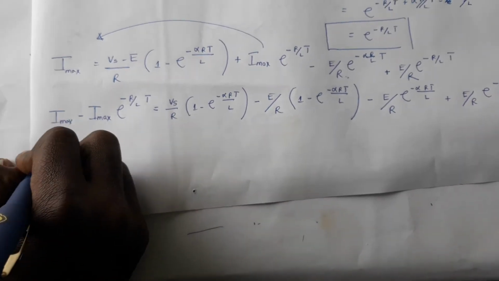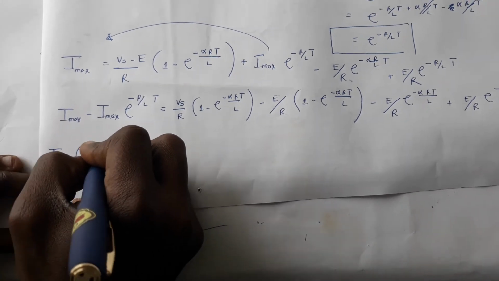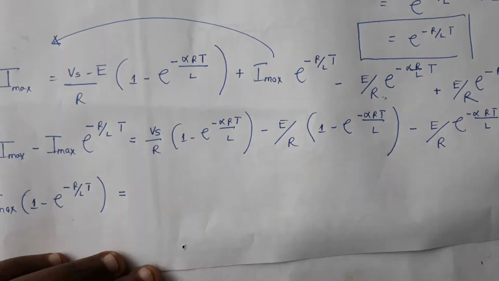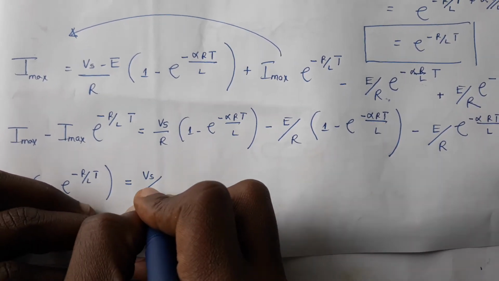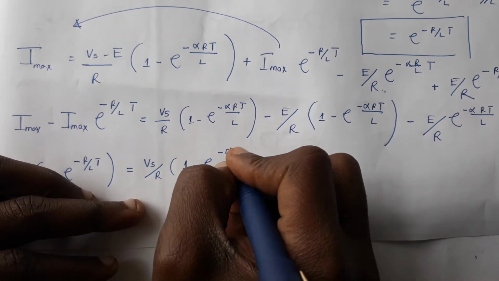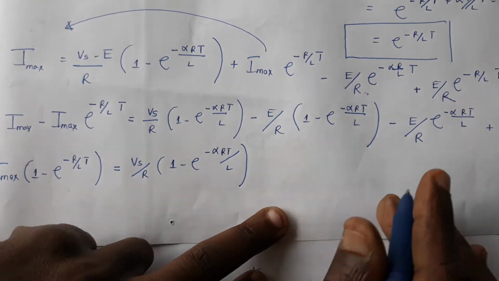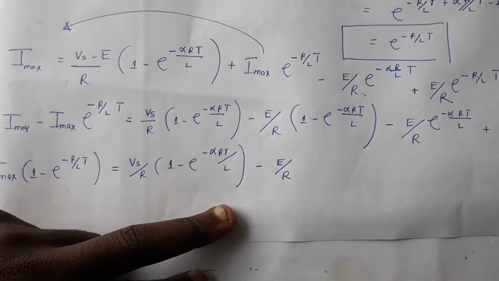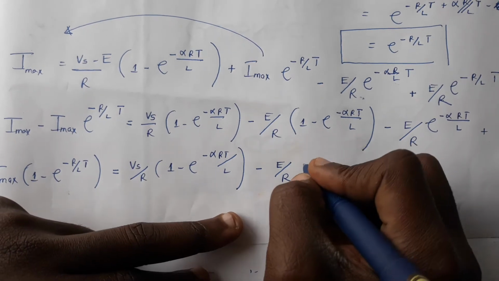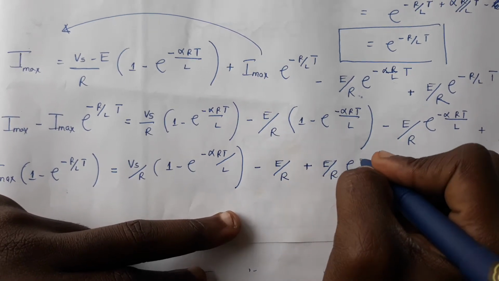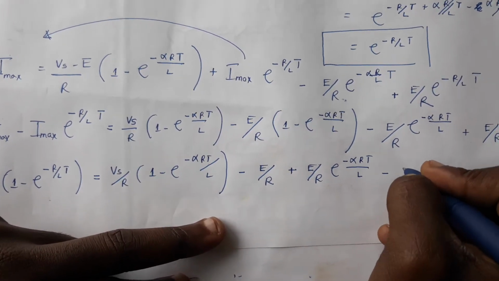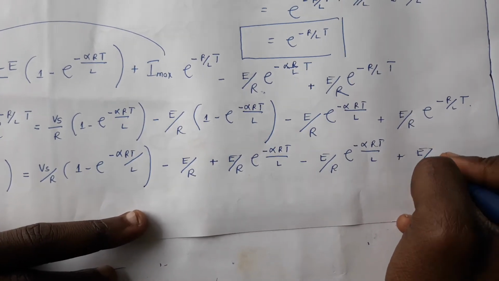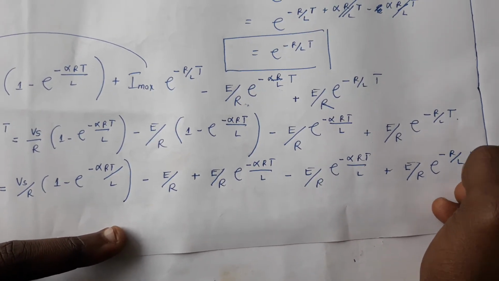Okay, so we can factor out Imax here. So you'll have Imax, 1 minus exponential minus R over LT, is given by Vs over R, 1 minus exponential minus alpha RT over L. Okay, so for this, we open the brackets, we have E over R, then plus E over R, exponential minus alpha RT over L, minus E over R, exponential minus alpha RT over L, plus E over R, exponential minus R over LT.